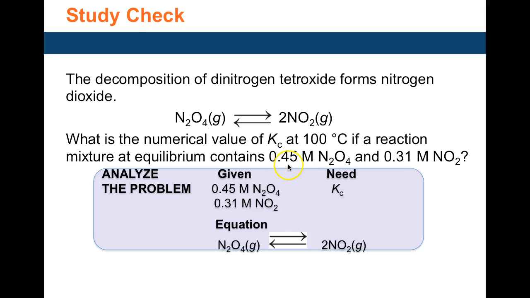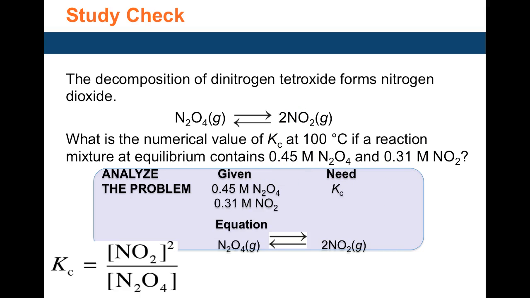And they've given you the concentrations of N2O4 and NO2. So just plug it into the equation, all right? So Kc is going to be NO2 squared divided by N2O4. So 0.31 squared divided by 0.45, okay? And Kc comes out to be 0.21. Okay.